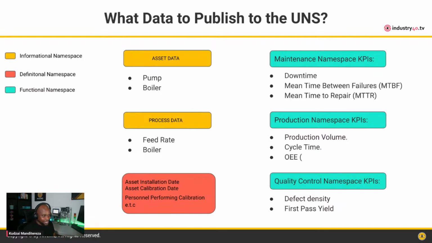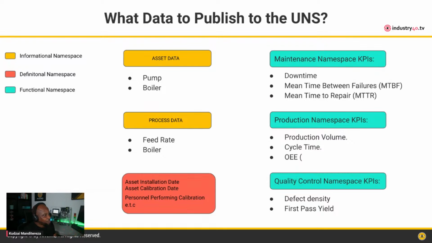But the next question really is, what information do I publish into the unified namespace? That's, again, more of an architectural decision that you need to come up with as an architect or whoever you're working with to put together a unified namespace.